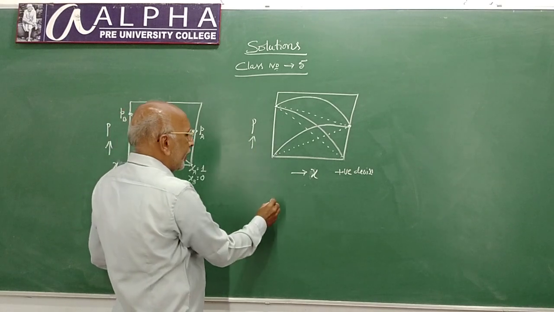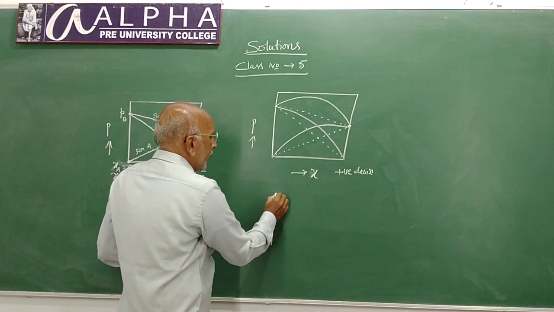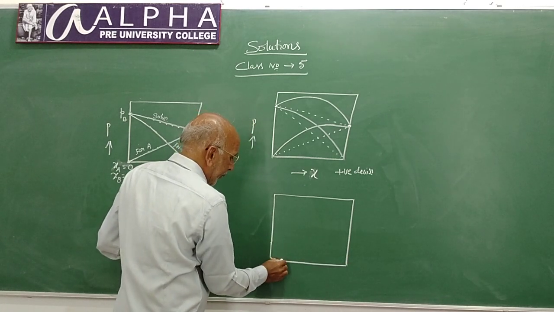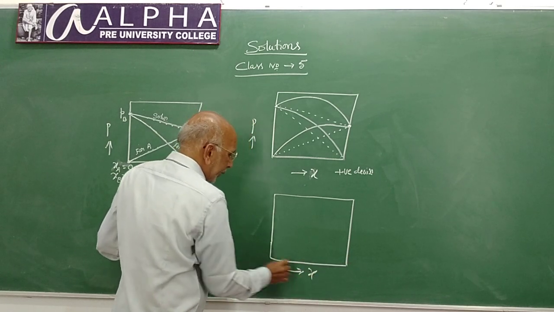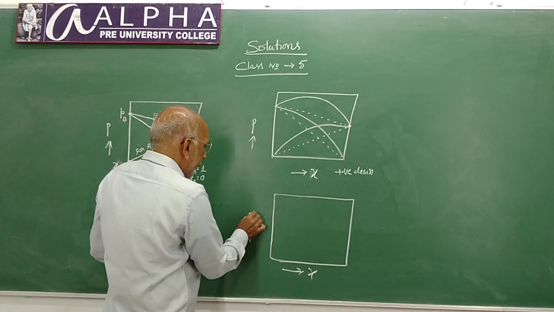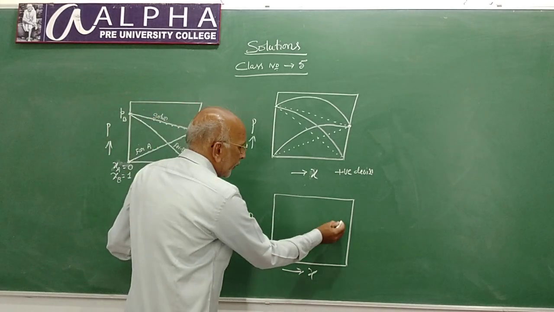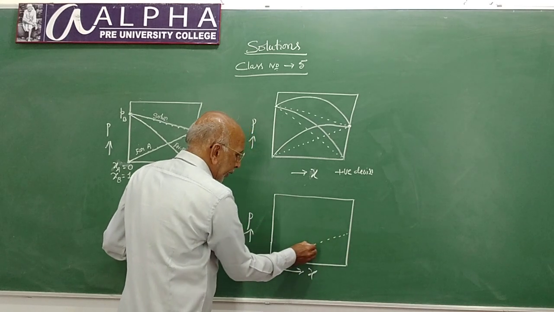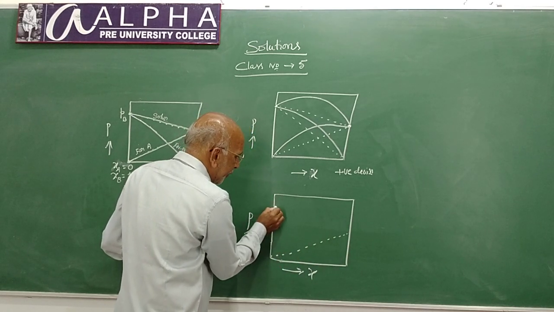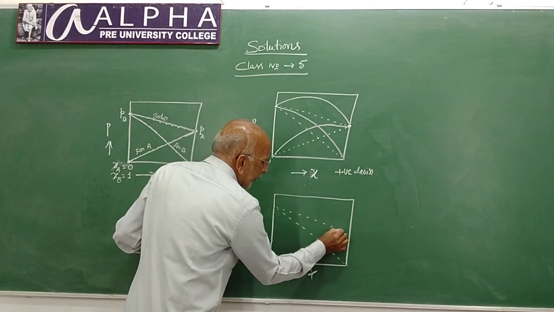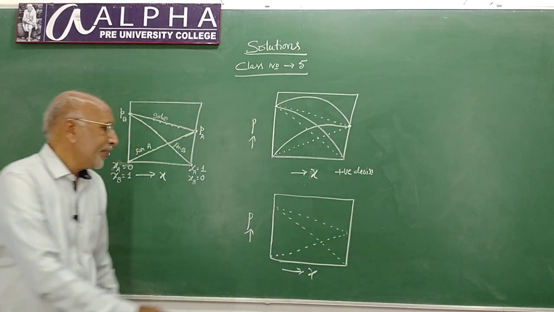For a non-ideal solution showing negative deviation, the plot will be like this. Of course, for the ideal solution, these are the plots.